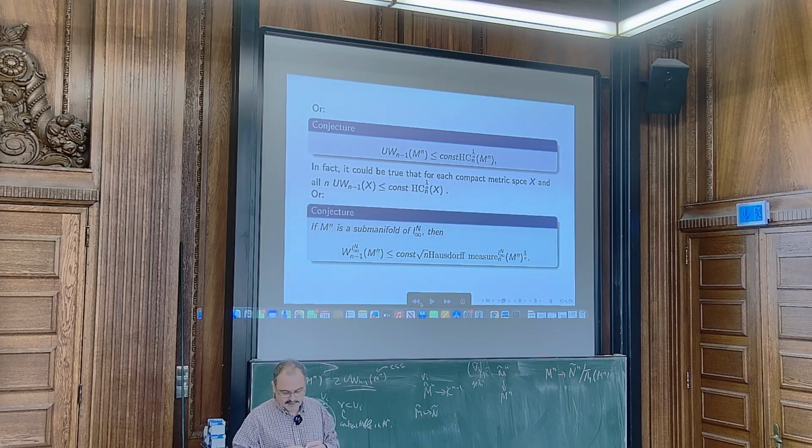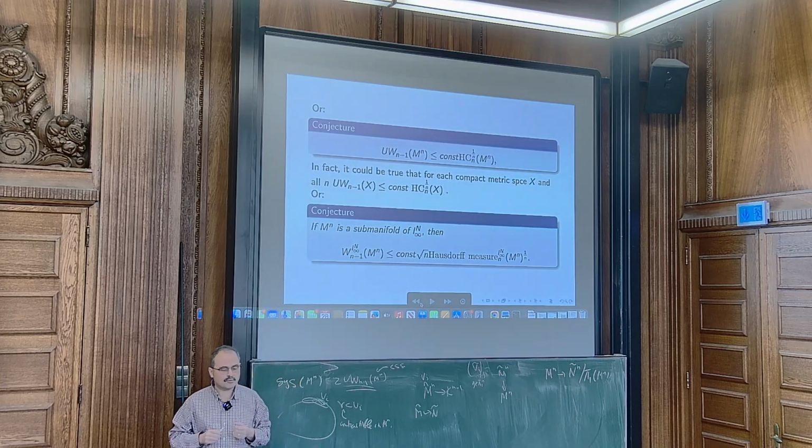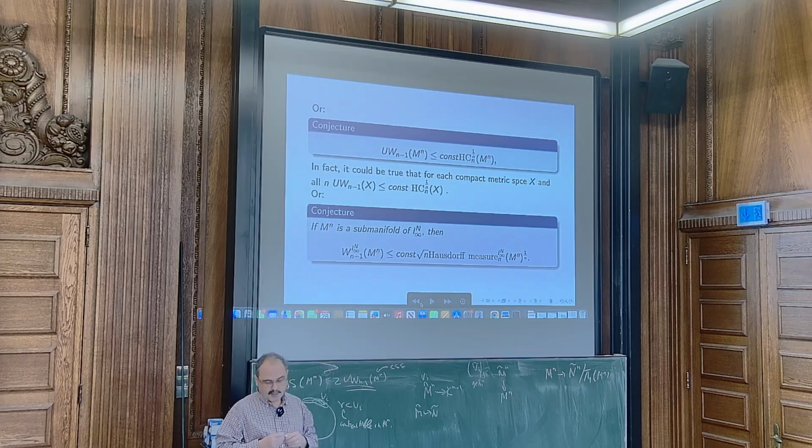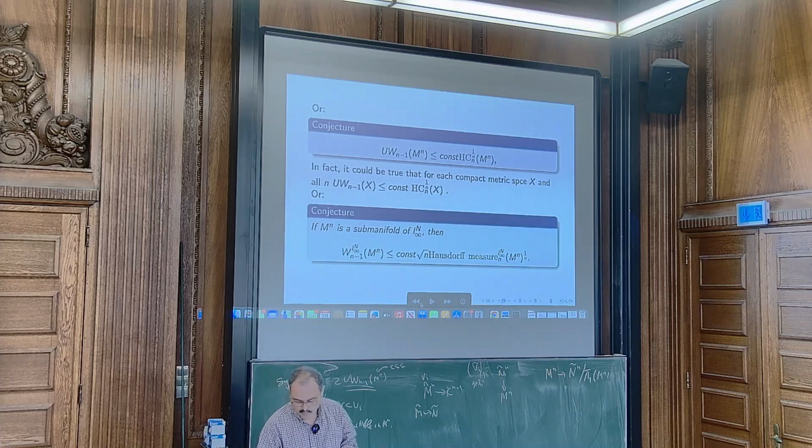Then it would be sufficient, forgetting about those abstract Urysohn widths, to approximate M^n by some n minus 1 dimensional complex in this same space, so that the distance between points wouldn't exceed this quantity, but I also don't know how to do that.